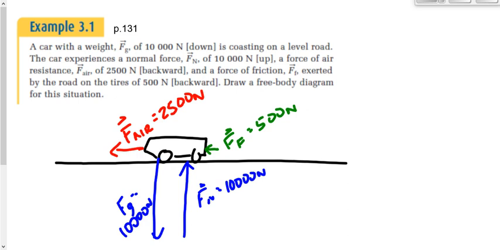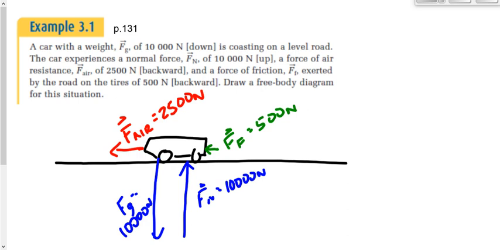What is the net force on this? What is the unbalanced force, the sum of the forces, the total force? Max, was your hand going there? No? Can you tell me what the total force is there? Keeping in mind that Fg and Fn cancel each other out.